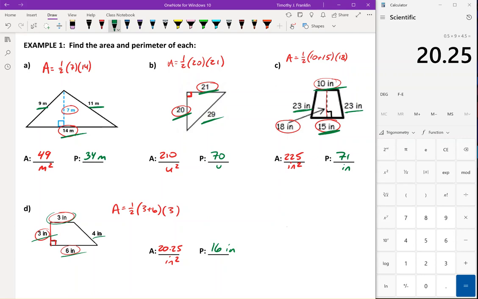Because it is possible to have a triangle like this, where the height is this outside distance. But still, it's the distance between the base and the opposing corner. And then for a trapezoid, add the bases multiplied by the height, which again is the perpendicular distance between them, times 1/2.